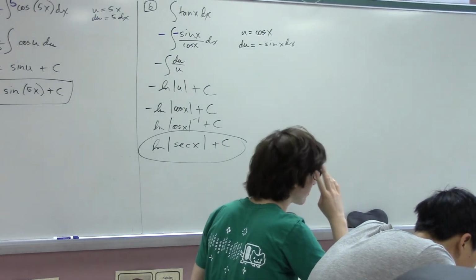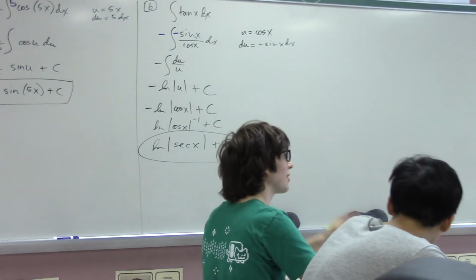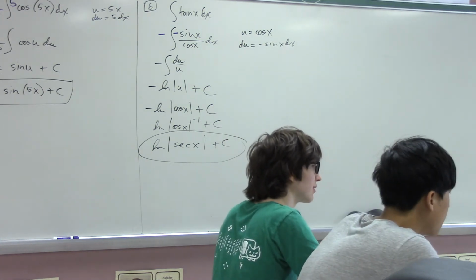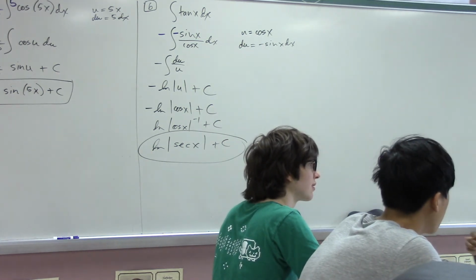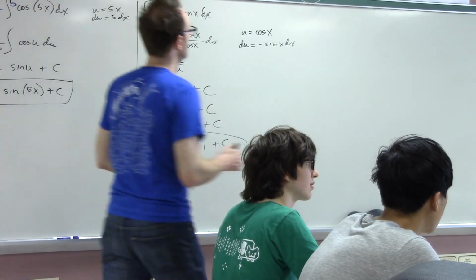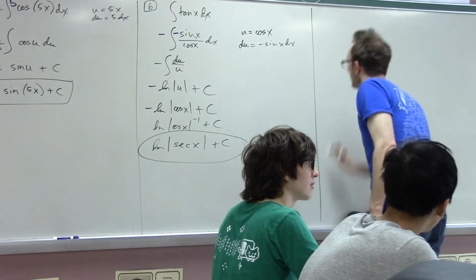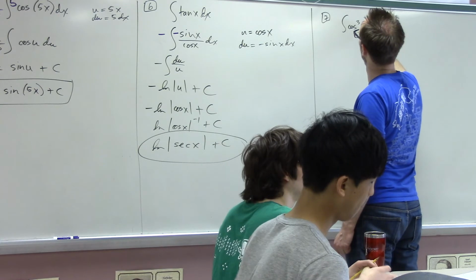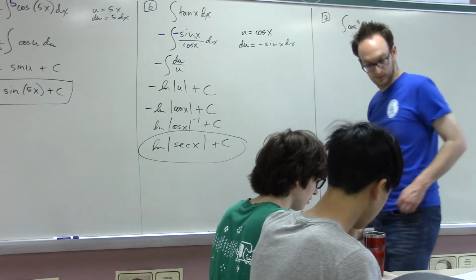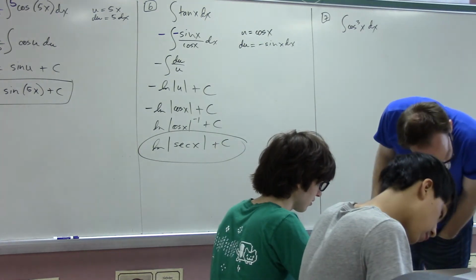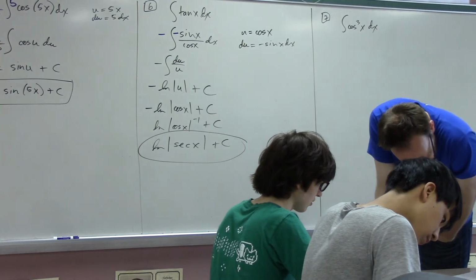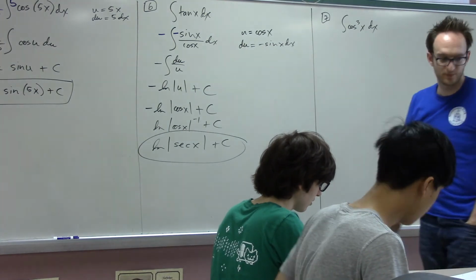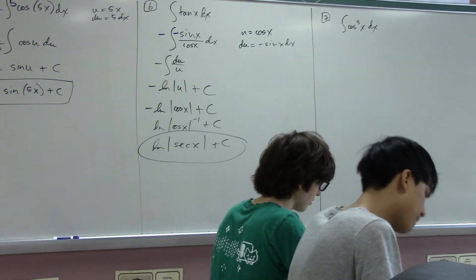Wait, split it to like cosine square and cosine. Yeah. No, but you want to think of something creative to do with cosine cubed? Yeah, 1 minus 2 sines. No, 1 minus sines. Yeah, 1 minus sines. Yup, table figured it out.